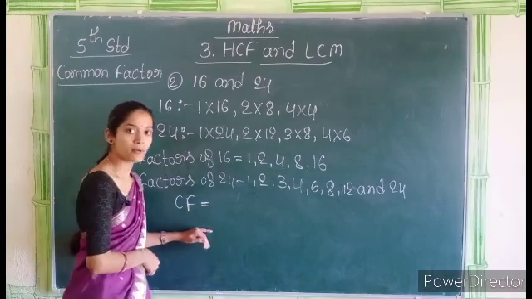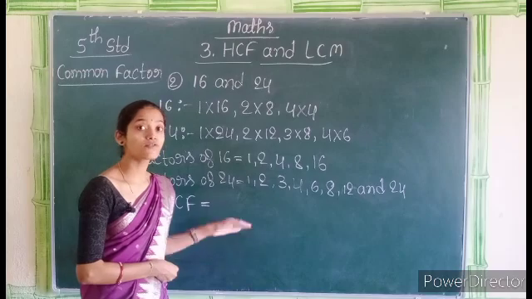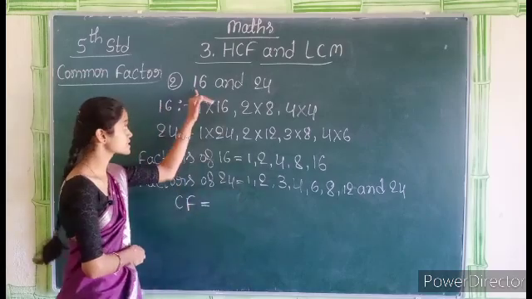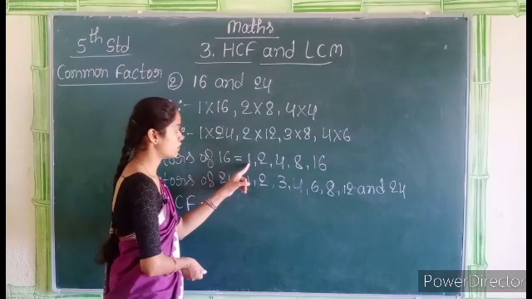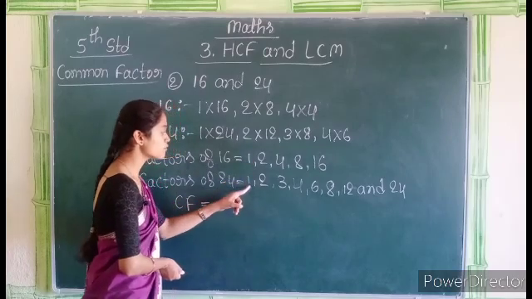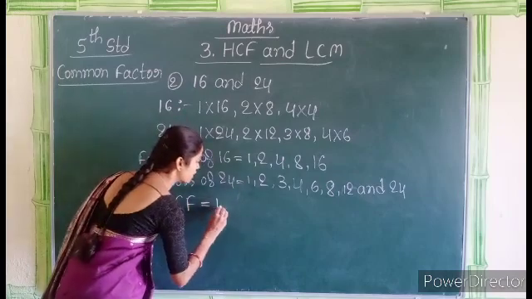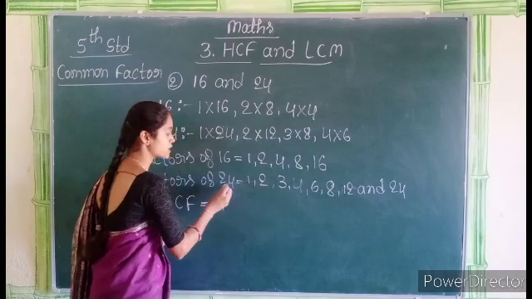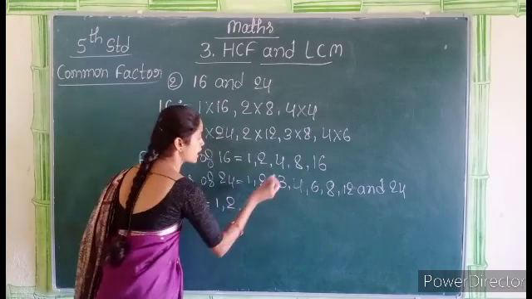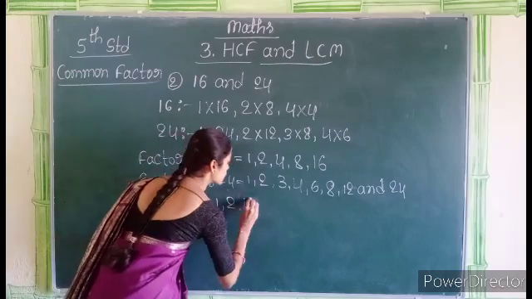Okay, to find out the common factor, we have to consider the numbers which are the factors of both 16 and 24. Right. So here 1. This 1 is also the factor of 24. We can consider 1. Then 2. 2 is also a factor of 24. Then 4. 4 is also a factor of 24.